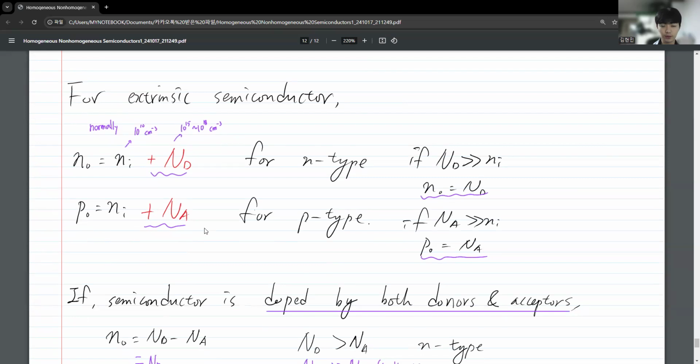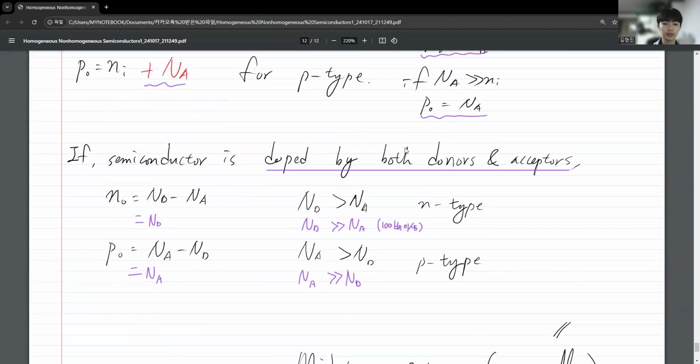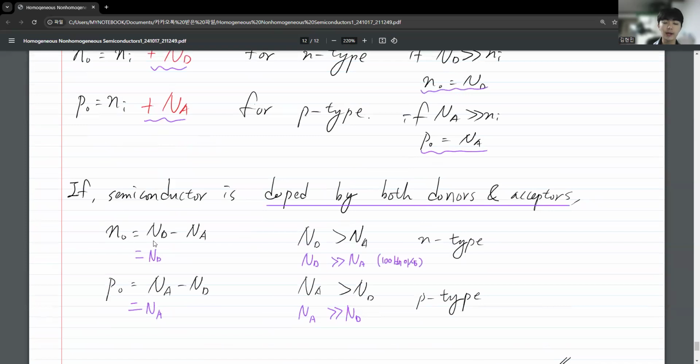If the semiconductor is doped with both donors and acceptors, n0 equals ND minus NA and p0 equals NA minus ND. If ND is larger than NA, n0 is ND.